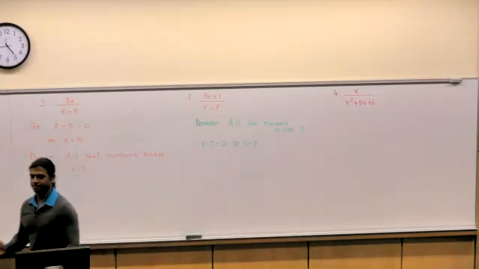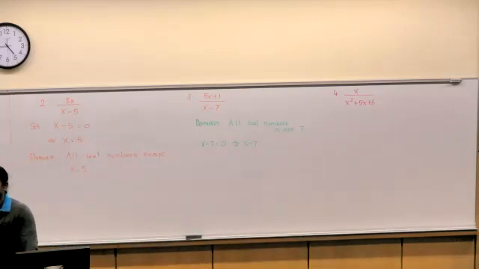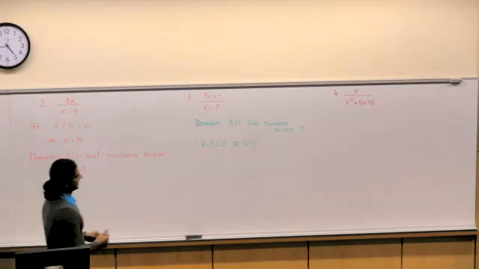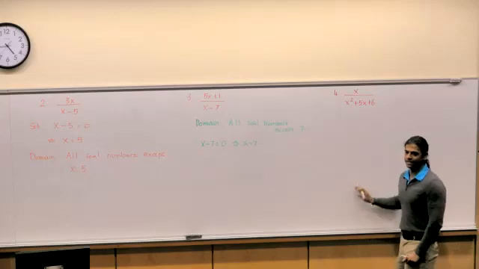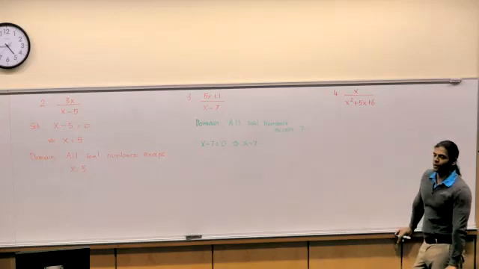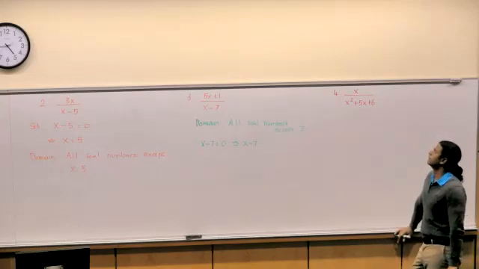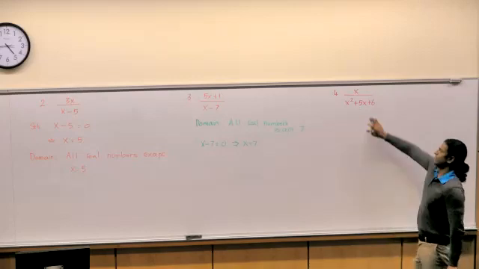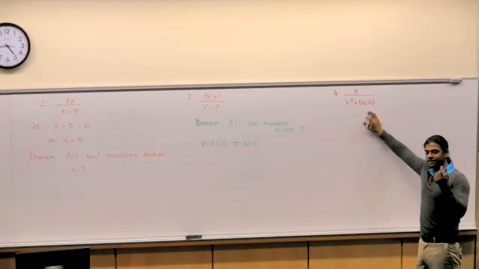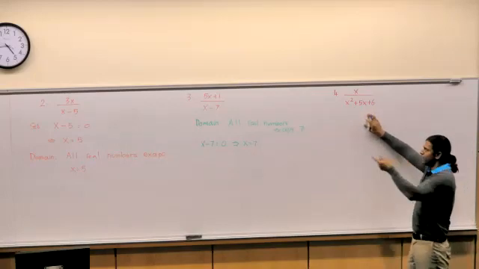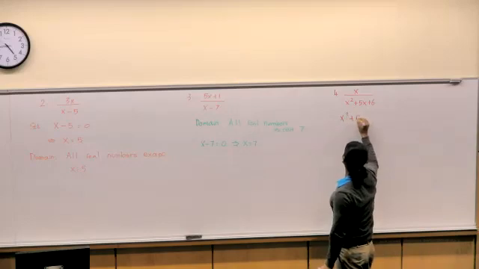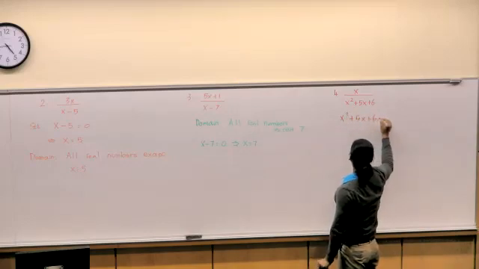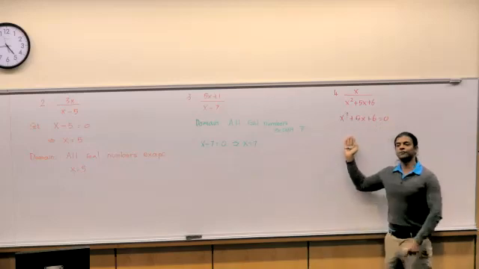What should we do? Factor, very good. We want to factor the denominator. We have x squared plus 5x plus 6. How do we factor? Well, this is a quadratic function. Yes, we are going to set that equal to 0 and solve for x.